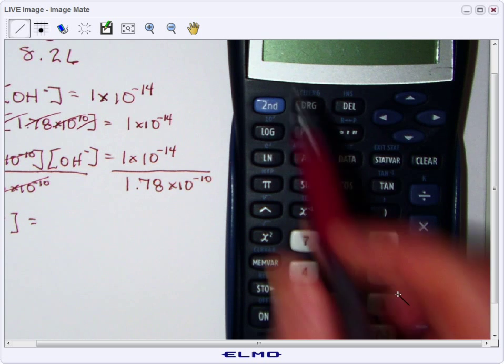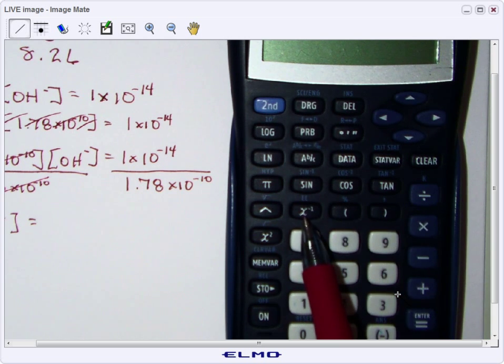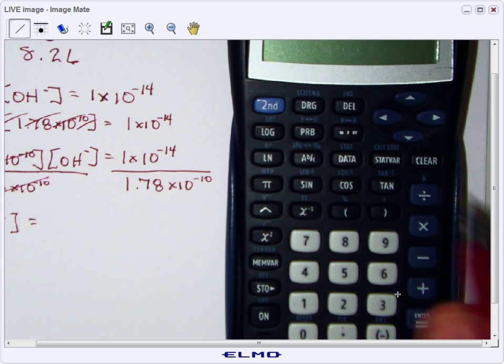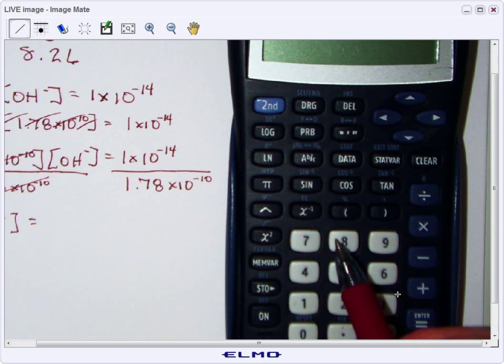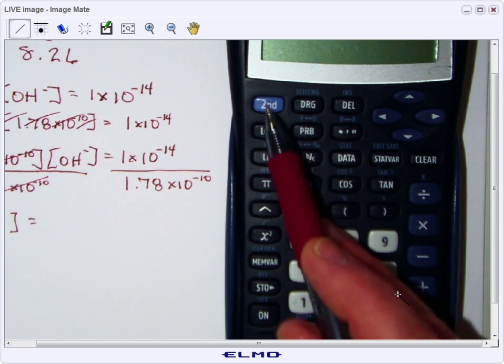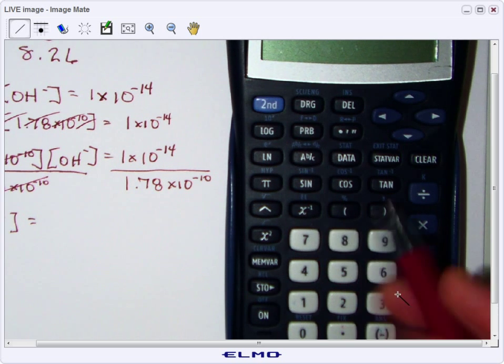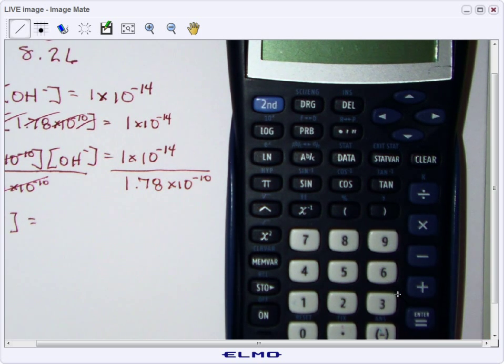So it'd be 1, second double E, negative 14, divided by 1.78, second double E, negative 10. And hit the equal sign.